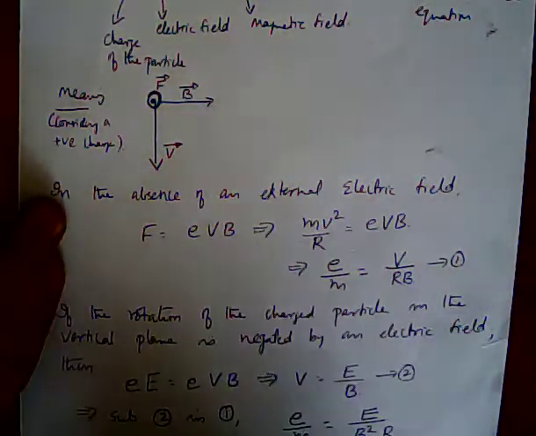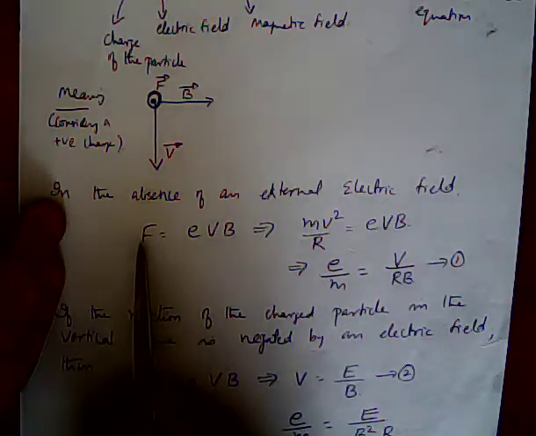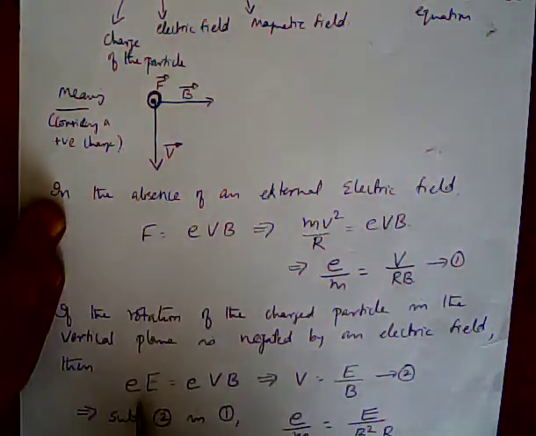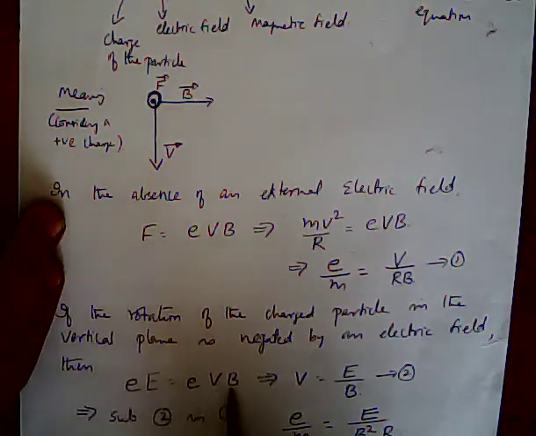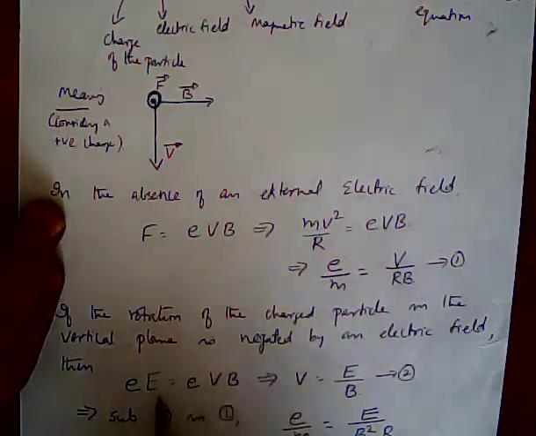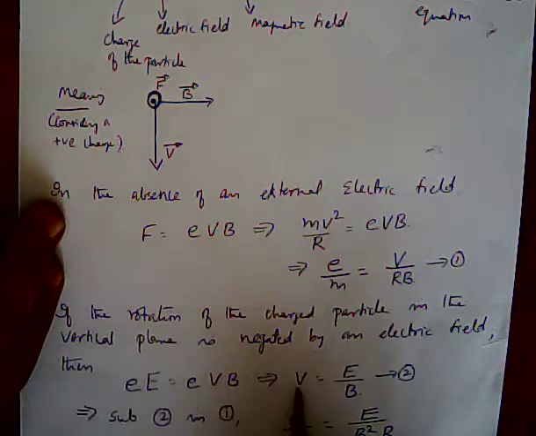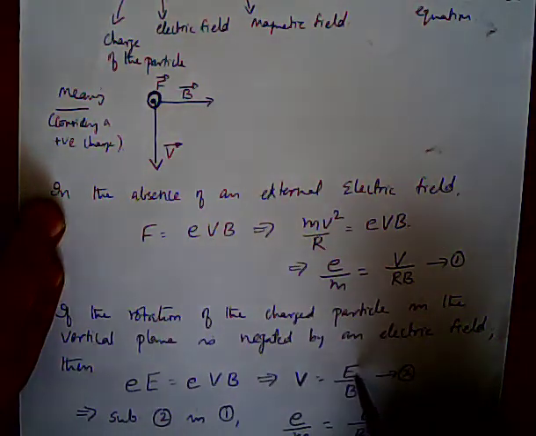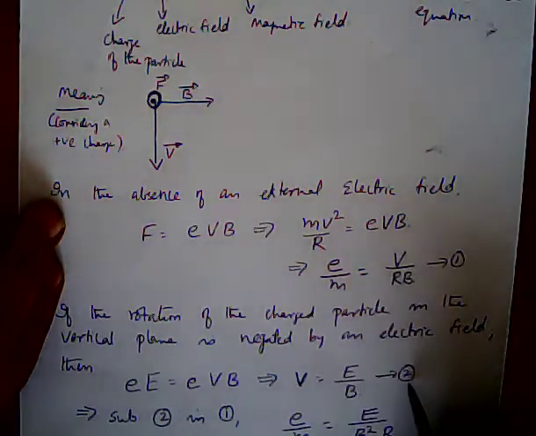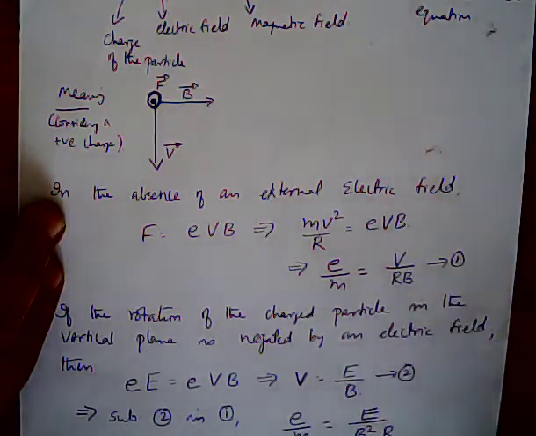In that situation, the electric force, the charge times the electric field, is balanced by the magnetic force, e v B. So from this equation, you can show that the velocity of the particle is equal to E divided by B, which I am going to call equation 2.